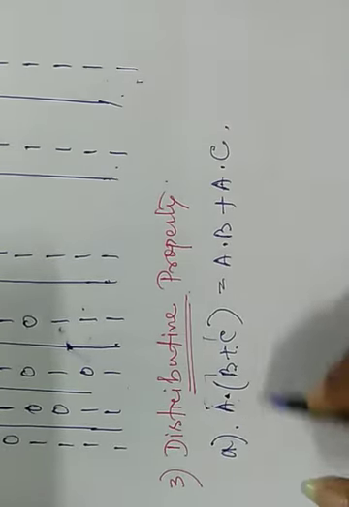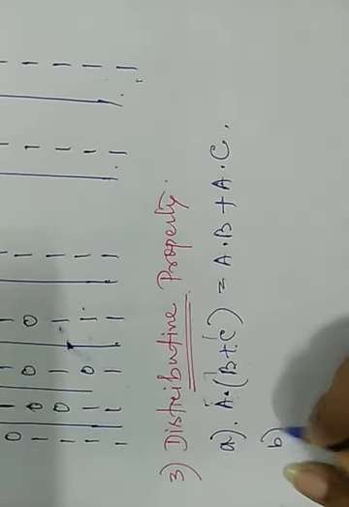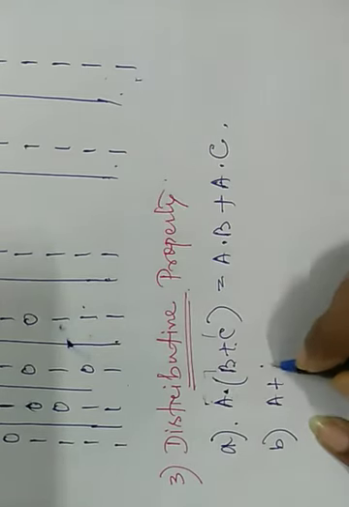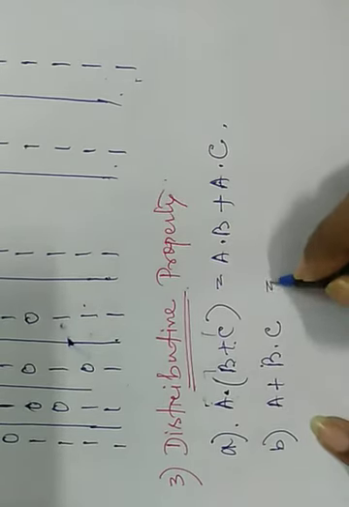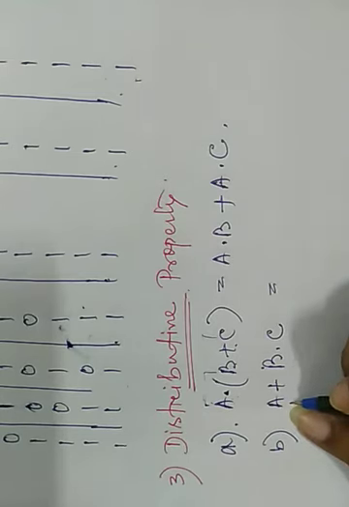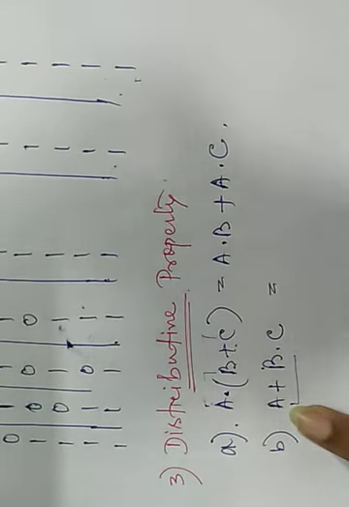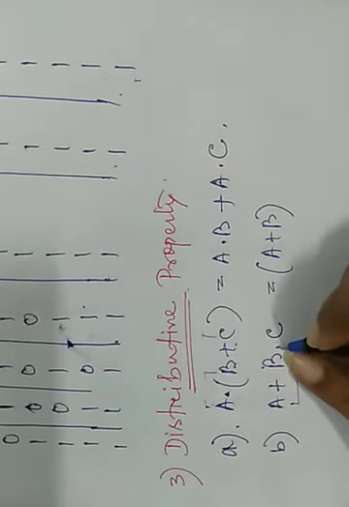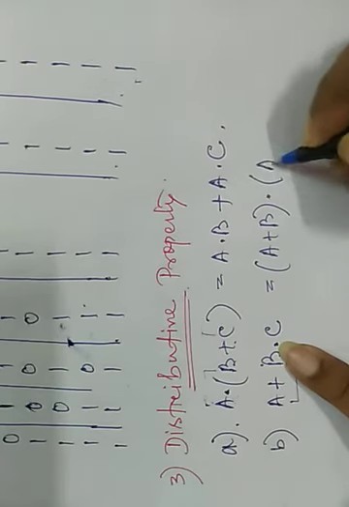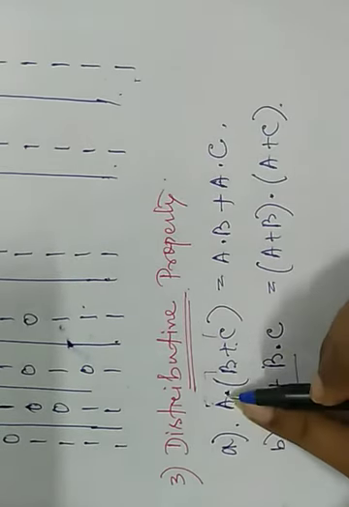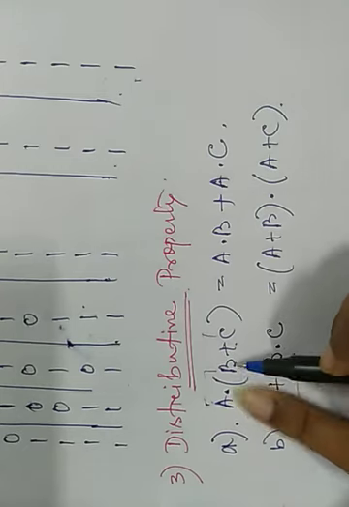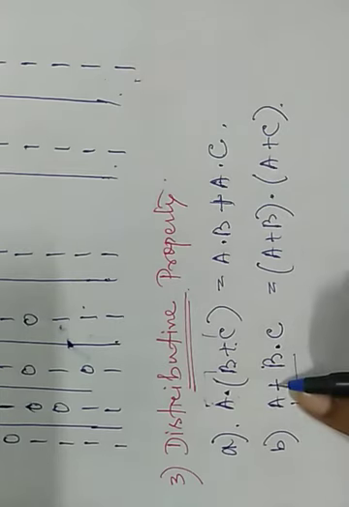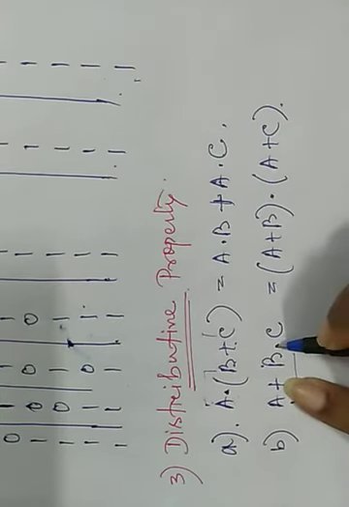This is one distributive law, and another distributive property is A plus (B dot C). Again we can distribute it as (A plus B) dot (A plus C). That means AND can be distributed through OR with AND in the middle, and OR can be distributed through AND with OR in the middle.